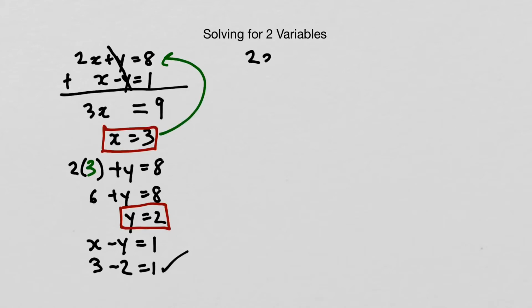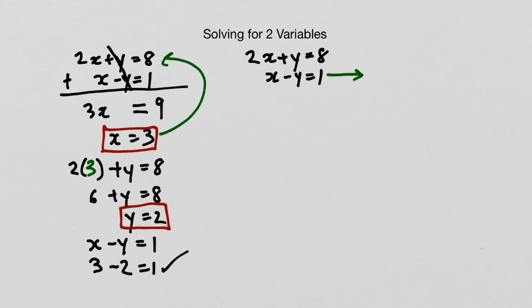Now there's a second way to do this, and it's called the substitution method. So I'm going to rewrite both of the equations again. Now we're going to rewrite this equation so that we have one variable on one side of the equation and everything else on the other side.